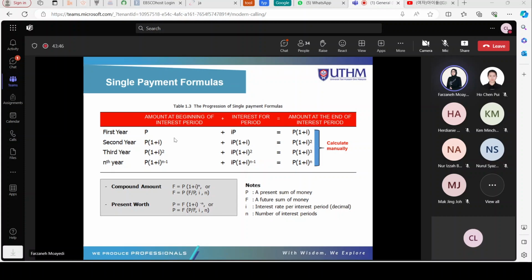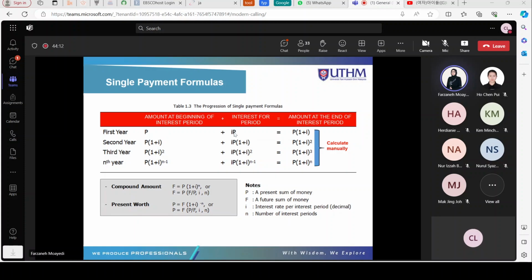Even though the calculation is exactly the same, here we are talking about the present and the future value at the same time. But it acts as the same thing as the principal. So what you see here is the principal or the present sum, whatever you start with today, the amount of money you have right now.